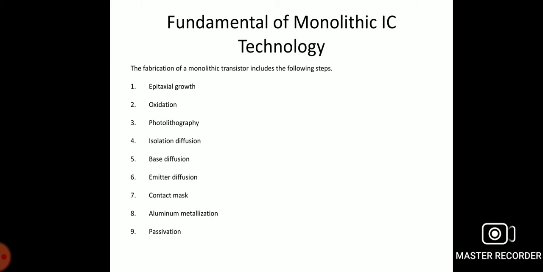Here, the concept of the different types of fabrication methods is discussed in this session. Once again, to the basics: a sample circuit must be considered and converted to monolithic form with basic components like a resistor, diode and transistor.